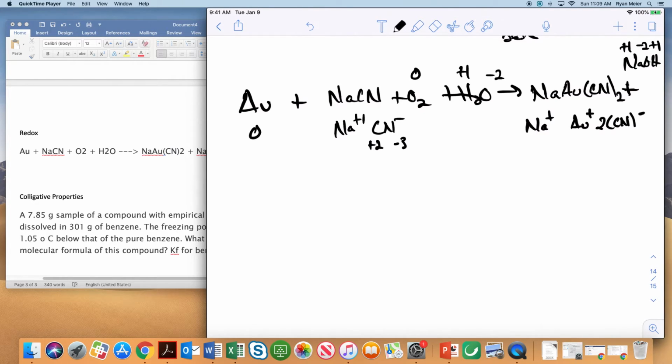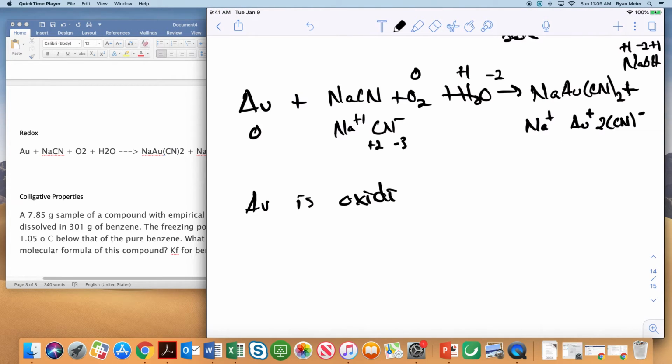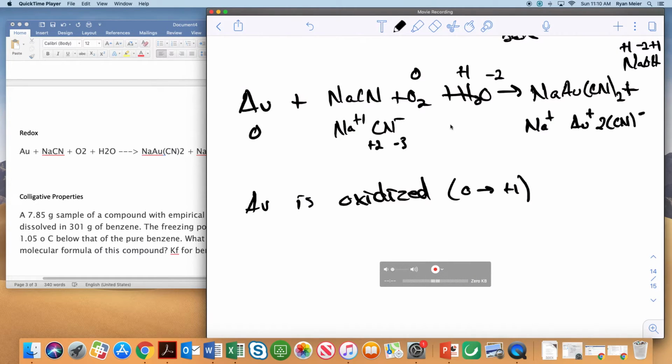But in terms of what is oxidized, I need the element that lost electrons. So if I look at each element one by one, gold went from 0 to plus 1. That's the one that lost electrons. So I can say Au is oxidized. Sodium was plus 1 first, and it stayed plus 1.